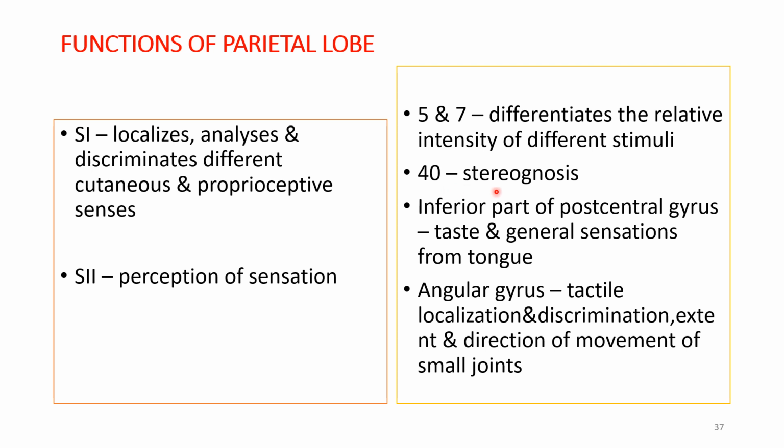And 40 is for stereognosis. The inferior part of the postcentral gyrus is helpful for taste and general sensations from the tongue. The angular gyrus is for tactile localization and discrimination, and it will detect the extent and direction of movement of small joints.